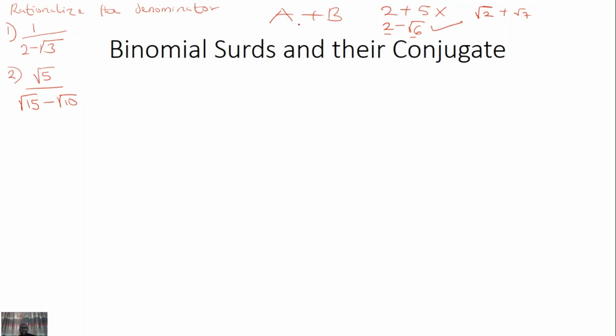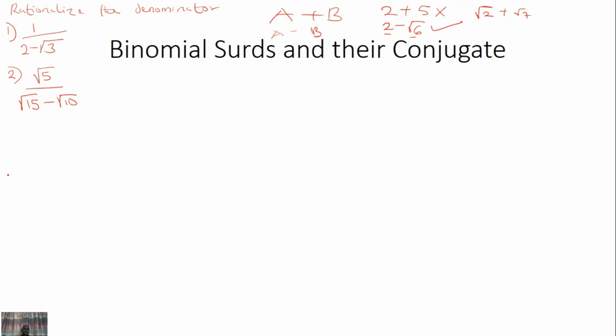For example, if you have a surd a plus b, the conjugate will be a minus b. Now let's apply that in the following exercises so that we can see why it's important for us to know the conjugate of a surd and why I earlier talked about difference of two squares.